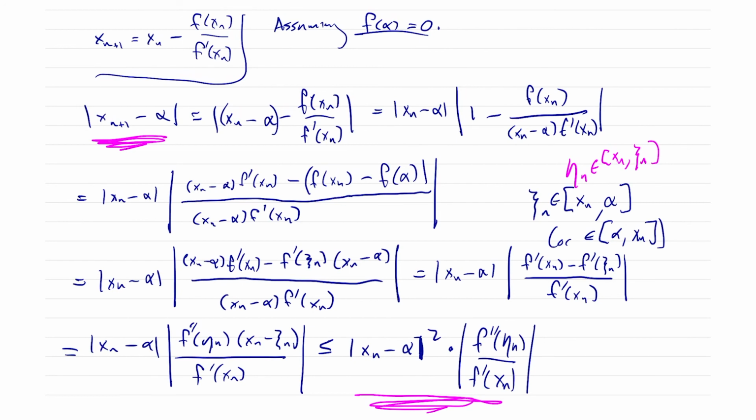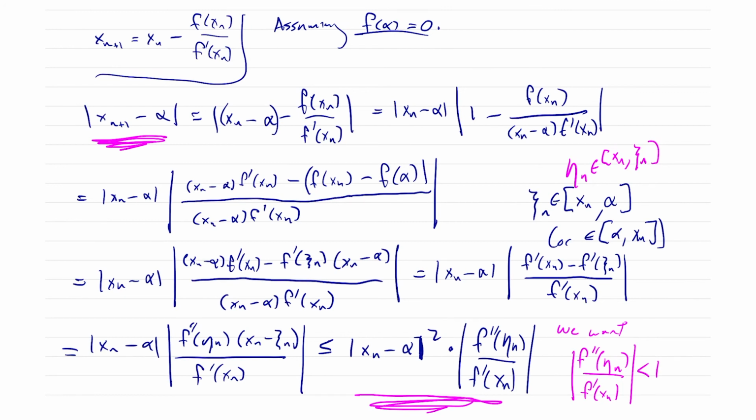So I'd like to show that the difference is getting smaller. If it's getting smaller, how can we demonstrate that? Well, basically we want, say, f double prime of eta n over f prime of xn, in absolute value, to be less than 1. That would shrink it, definitely.